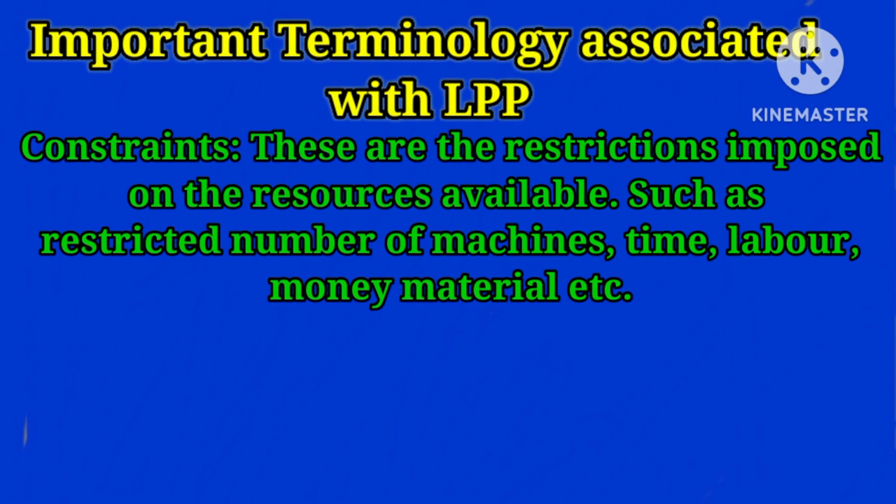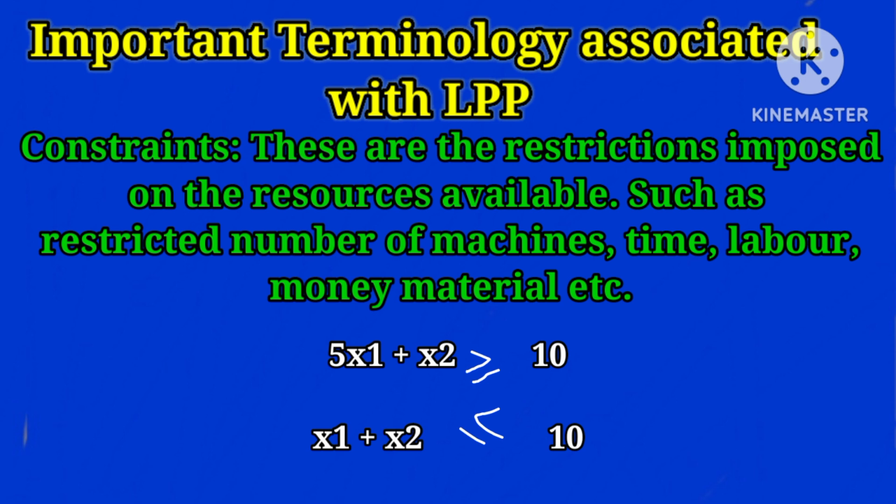Next is constraints. These are the restrictions imposed on the resources available, such as a restricted number of machines, time, labor, money, material, etc. For example, suppose we want to produce 5 units of x1 and 1 unit of x2, and it should be greater than or equal to 10.